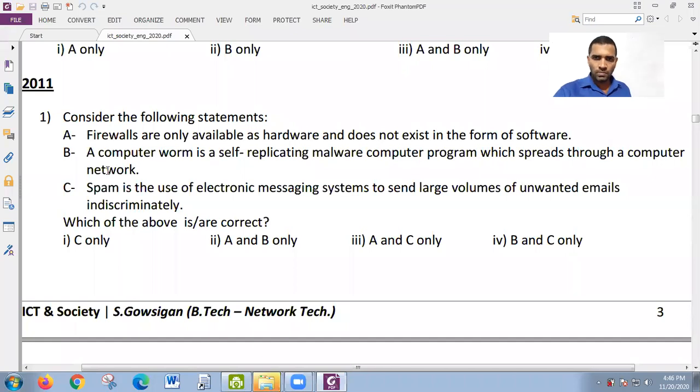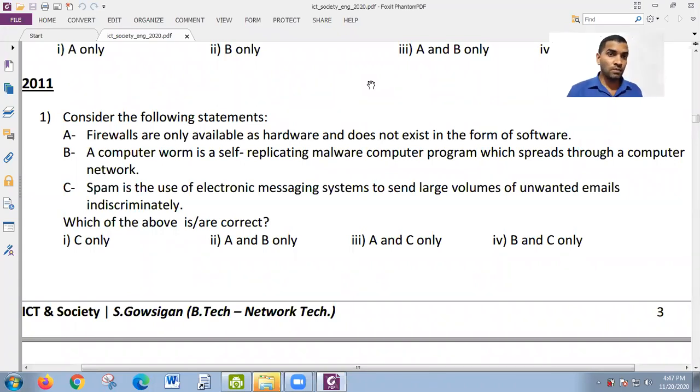Consider the following statements. A, firewalls are only available as hardware and does not exist in the form of software. Right, we have the idea, right? So even in the grade 10 syllabus we discussed hardware firewalls are available as well as software firewalls are available. Mostly hardware firewalls are attached to servers, right?